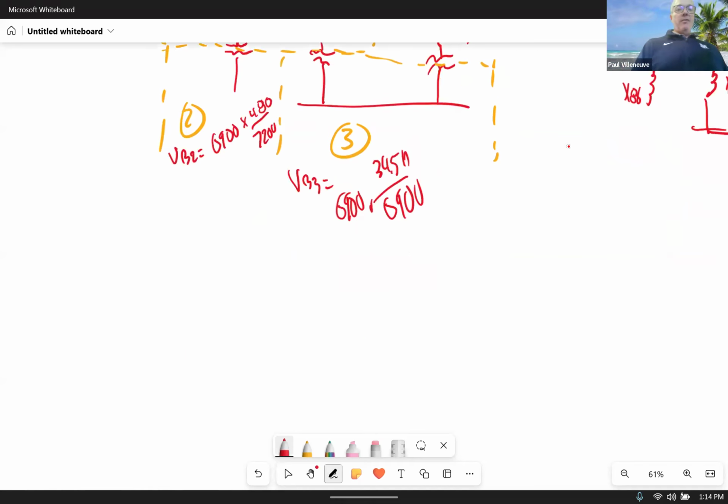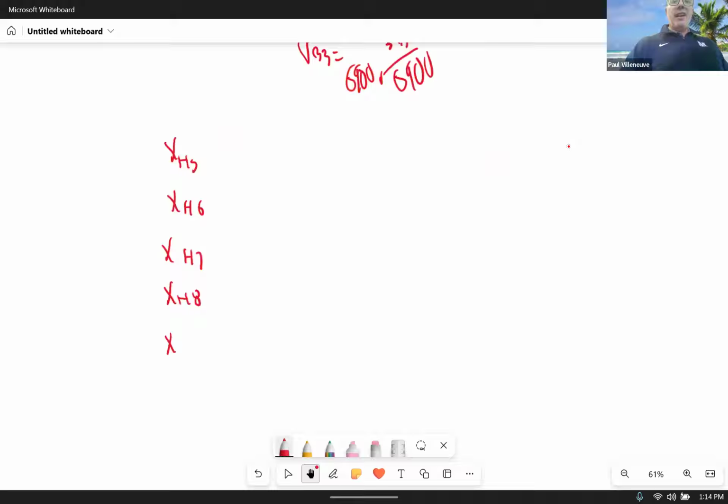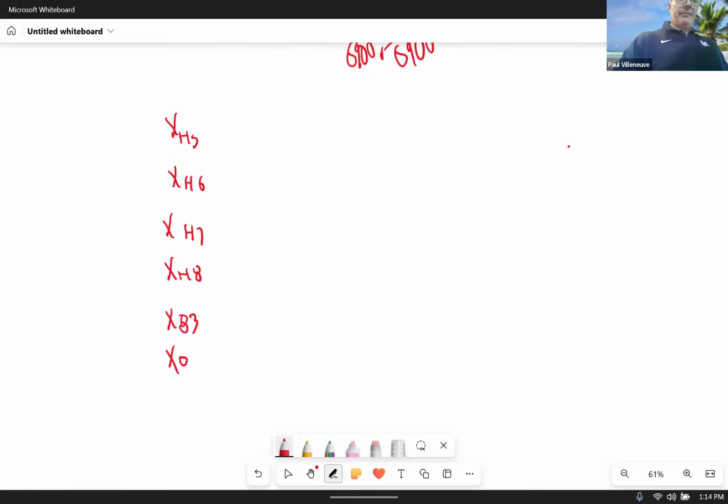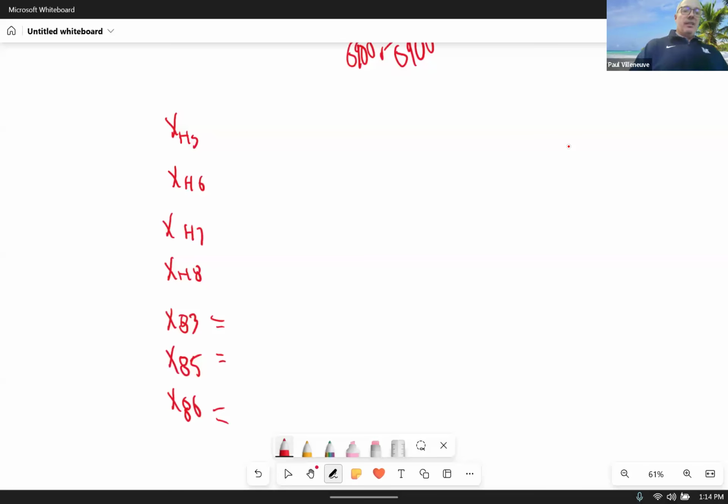Now, all I need to do is X H5, X H6, H7, H8, and then I had 85, 86, 85, 83. Now I just have to put those under a common base. Let's start with the transformers because those are the easiest. X83 is right on the sheet, and that tells me it's 5 3/4% Z. So that's 0.0575.